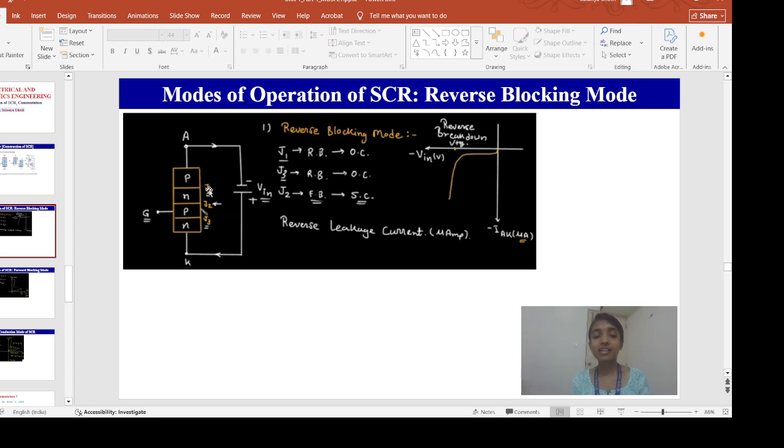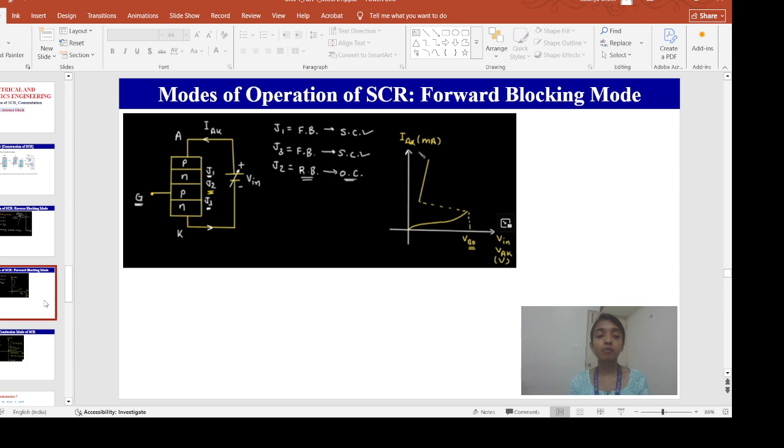It is a very dangerous situation to apply this much high reverse bias voltage to remove the depletion region. We are not supposed to do that. So this mode of conduction for the SCR is called the reverse blocking mode.